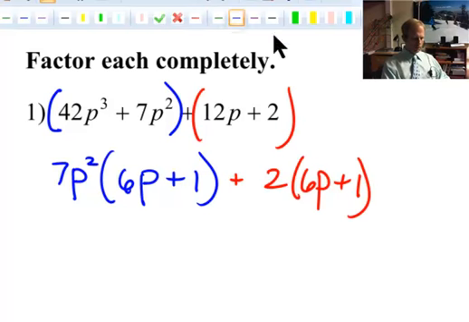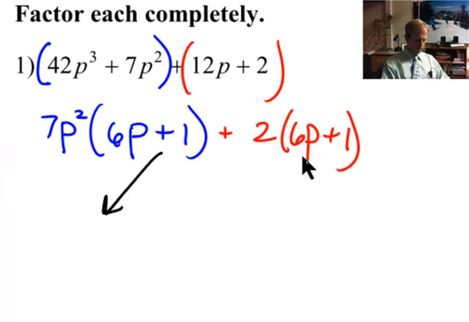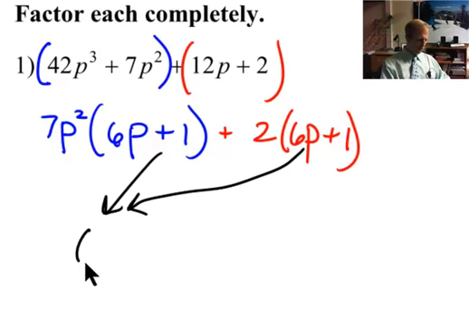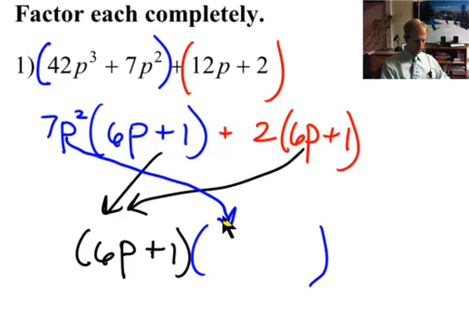Now I'm ready to do the combining step. And when I combine, what I do is I take that 6p plus 1, or whatever binomial appears in your problem, and I'm going to put it there, and then I form another set of parentheses using the 7p squared and the 2.